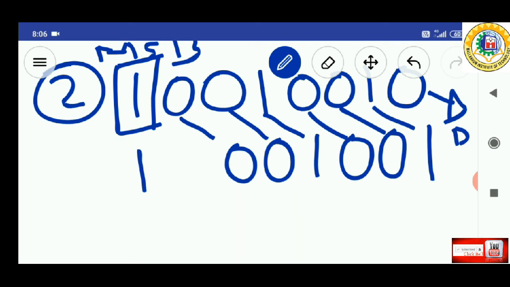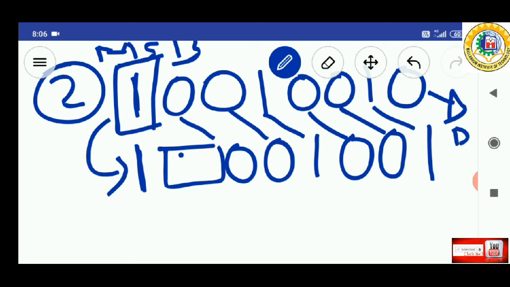And in this position we fill in the sign of the data, which has been preserved. So this one has been put here, and whatever the data is here, that is also put here. So this is also 1.